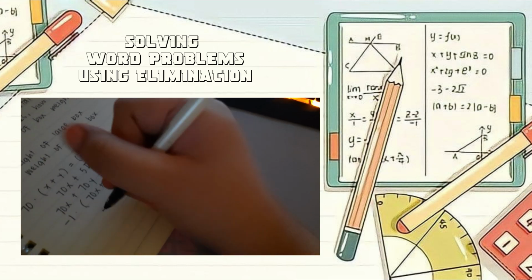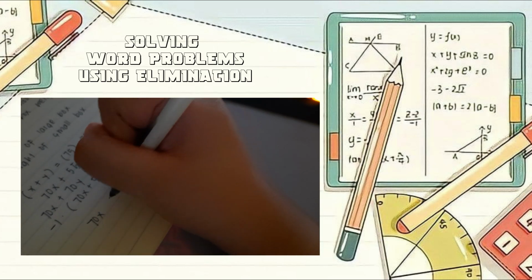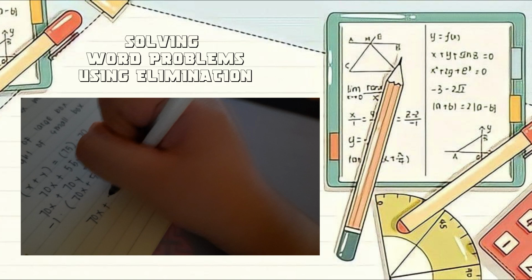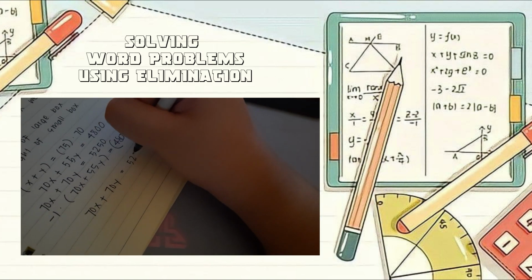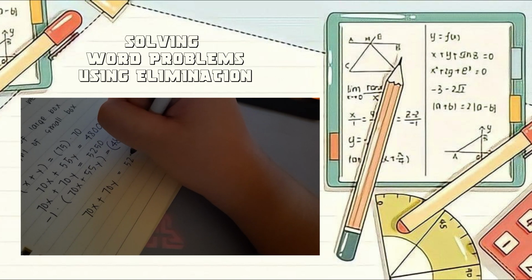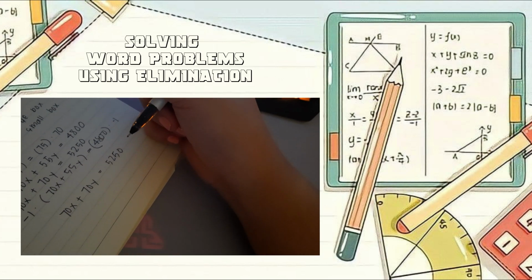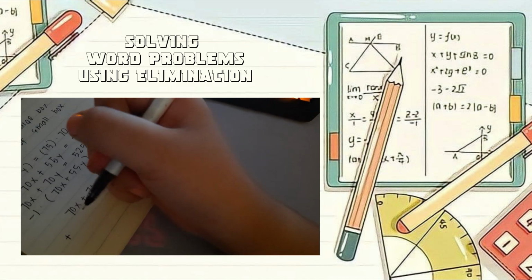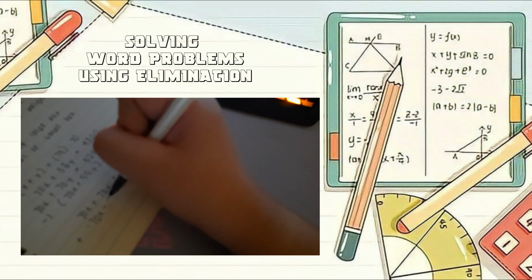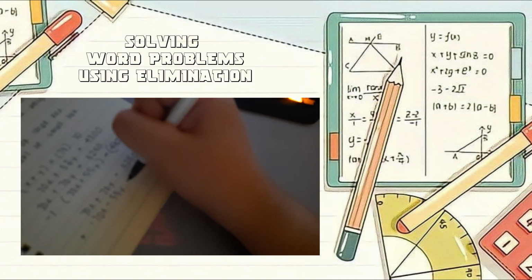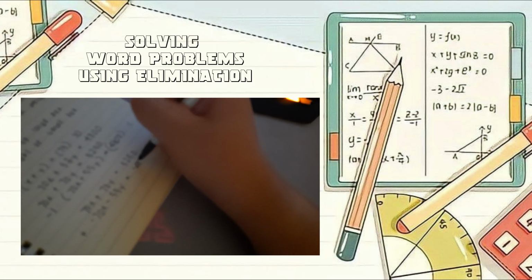So, dito, 70x plus 70y equals 5,250, plus negative 70x, 55y negative 4,800.